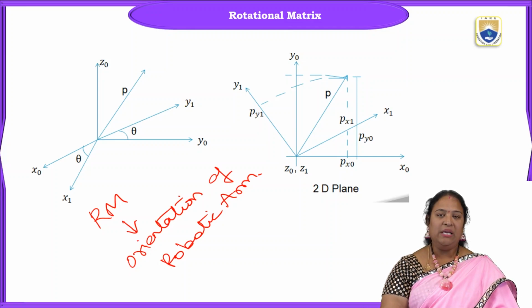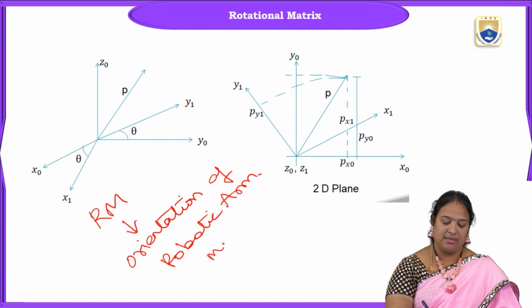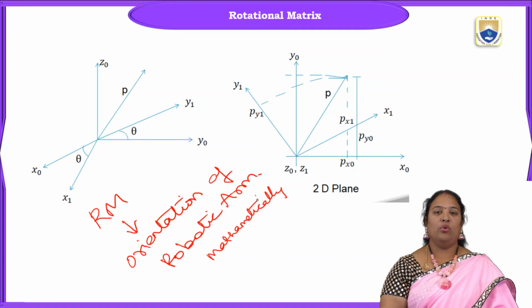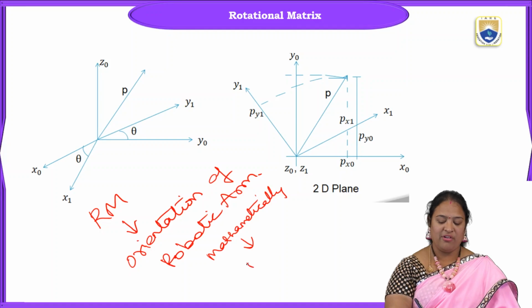So generally, a rotational matrix is used to represent the orientation of the robotic arm mathematically.